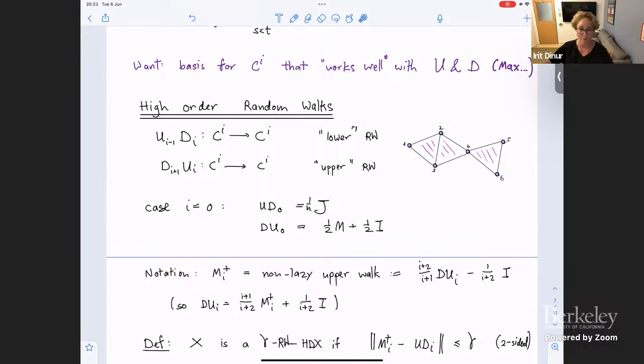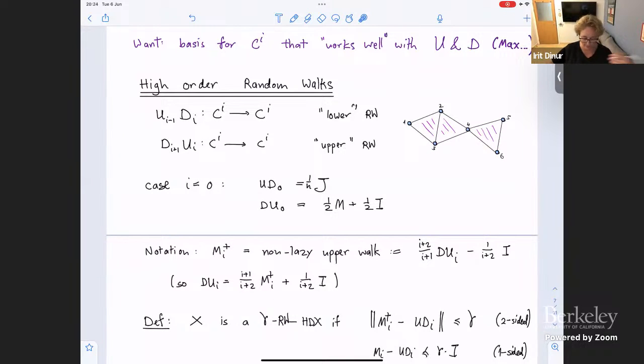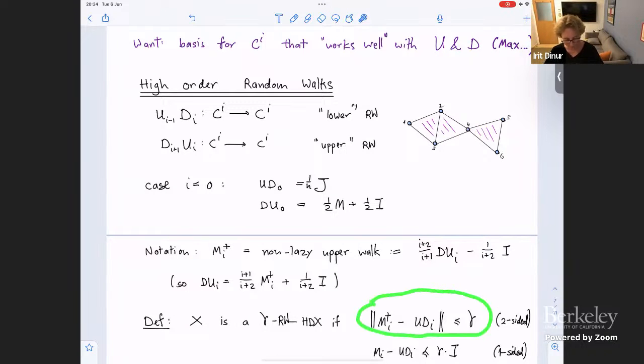And so I could have defined, for a graph, not for a high-dimensional complex, that a graph is a lambda expander if this holds: the difference between M^+ and the down-up walk, which for the case of graphs is just this normalized J matrix, is at most lambda, or gamma here.